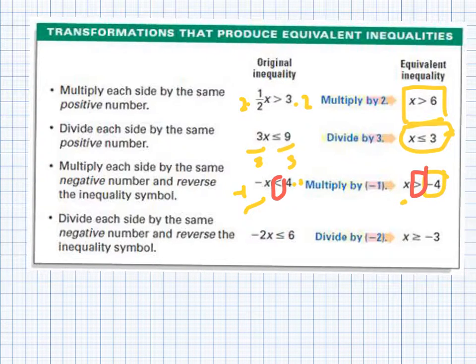On the last one, it says divide each side by the same negative number and reverse the inequality symbol. So our original inequality is negative 2x is less than or equal to 6. And so we divide both sides by negative 2.